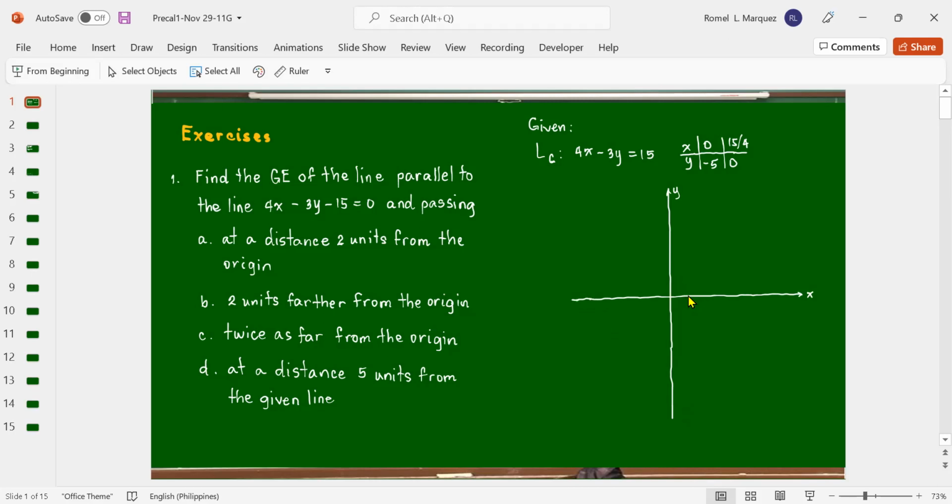So let's have 1, 2, 3, 4, 5, 6, 7 on the positive side, and negative 1, negative 2, negative 3, negative 4, negative 5, negative 6 below.